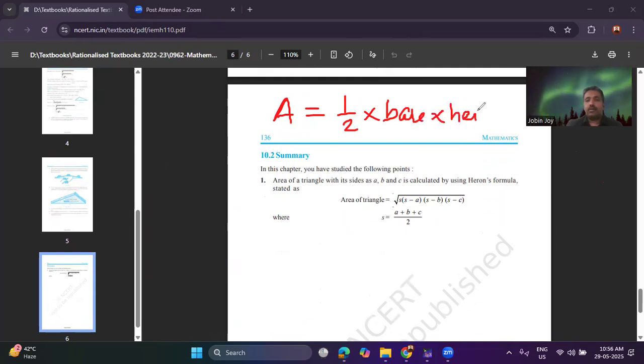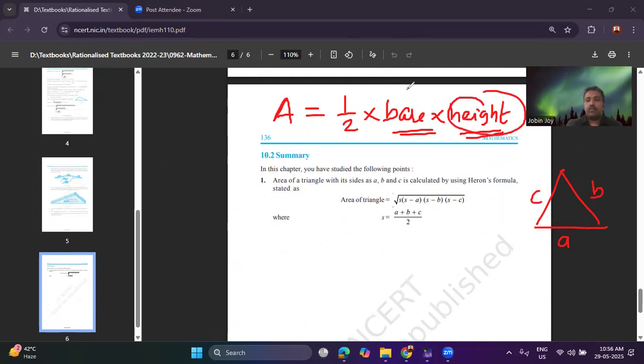But the problem is, if we know the three sides such as A, B, and C, we don't know what the height and the base value are, so it is very difficult to calculate the area. If we know the three sides of a triangle, we can use Heron's formula to calculate the area.